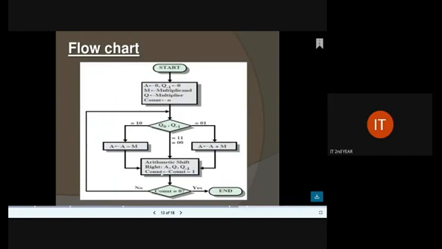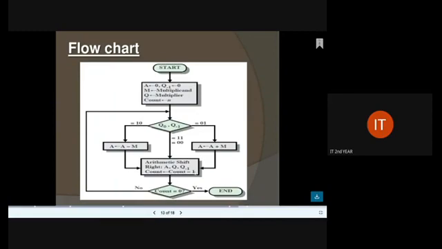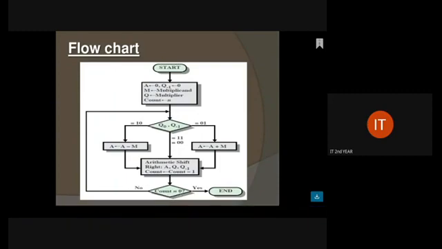Once this first step is accomplished, we have to decrement the counter, so count is equal to count minus 1. Now again we check whether the count value is equal to 0 or not. If the count value is 0, then we end the arithmetic operation, that is, we are reaching the end of the product.